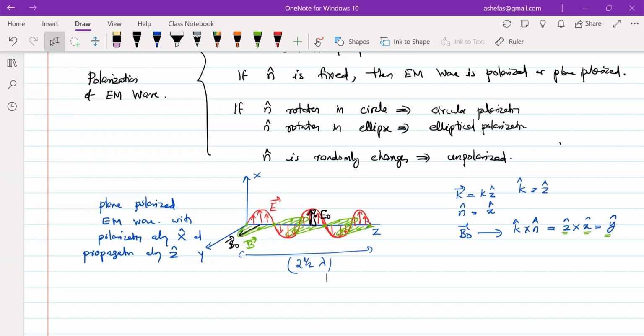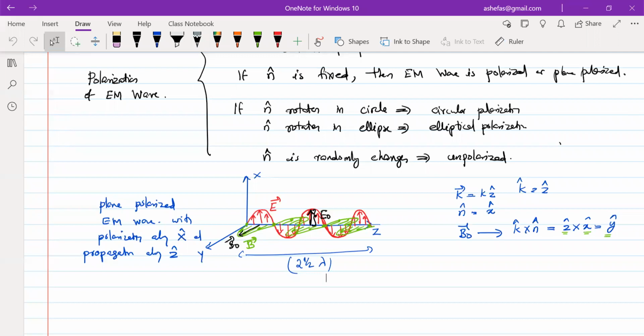The changing electric field produces the magnetic field, and the changing magnetic field produces the electric field. That is the way this electromagnetic wave propagates without any help from any medium. So no medium is required for the propagation of electromagnetic wave. They can exist on their own. That is the very beauty and power of the electromagnetic wave.